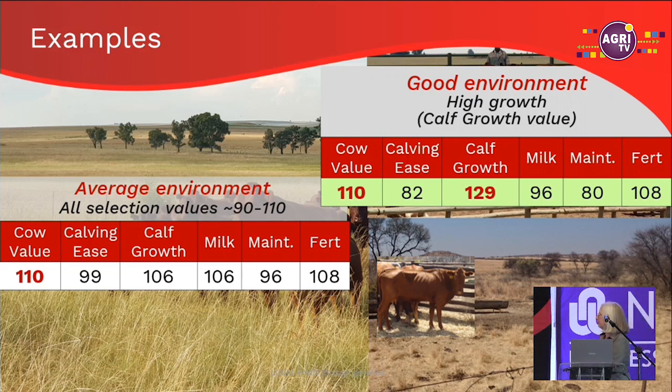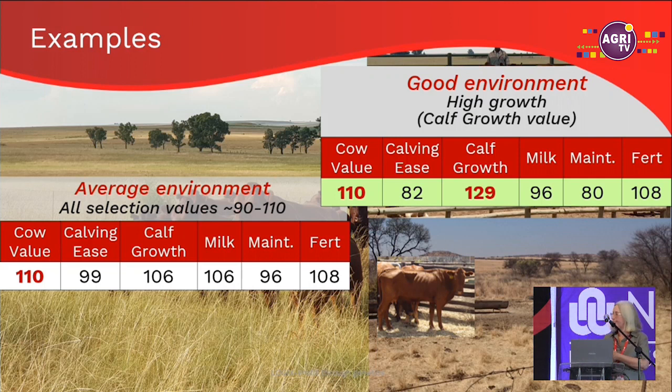Note that the maintenance is also high, which then gives you a value of 80. And the calf is heavier at birth, but that's fine because you have high calf growth, you have a heavier cow at weaning. The dam is heavier, and the calf is heavier at birth as well.